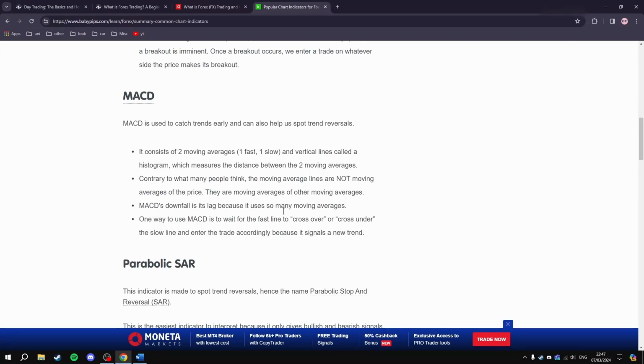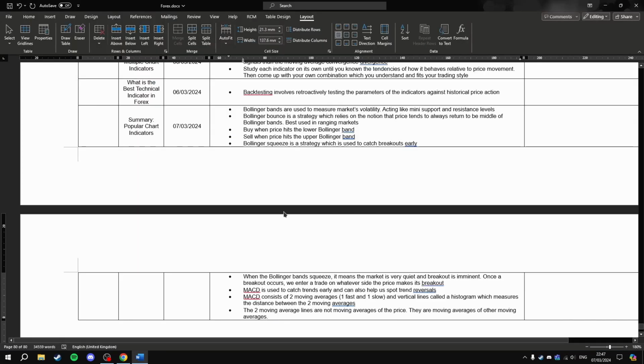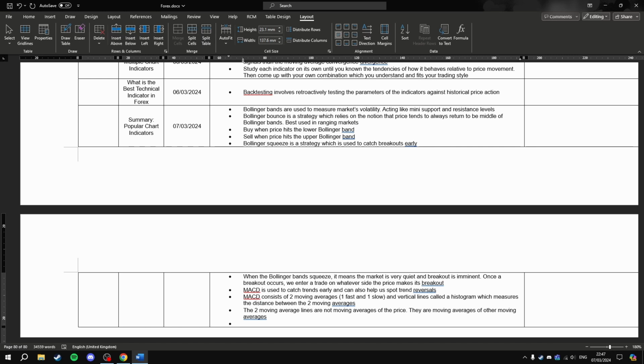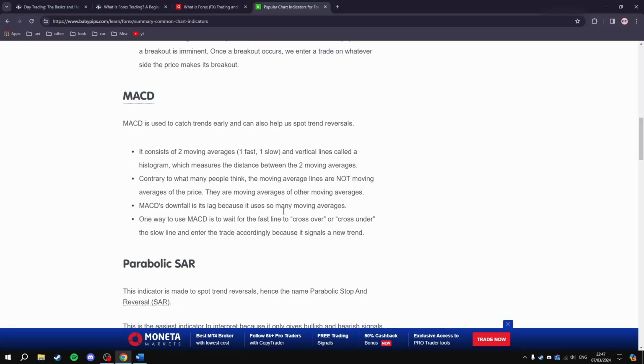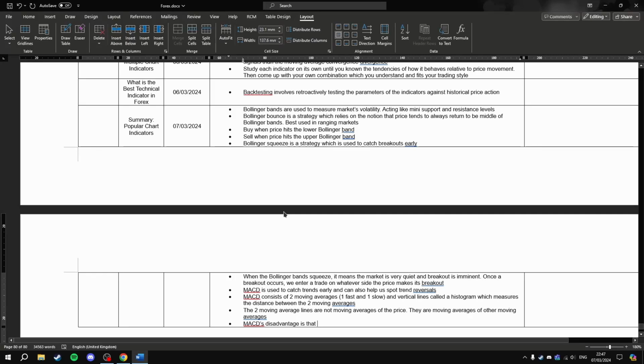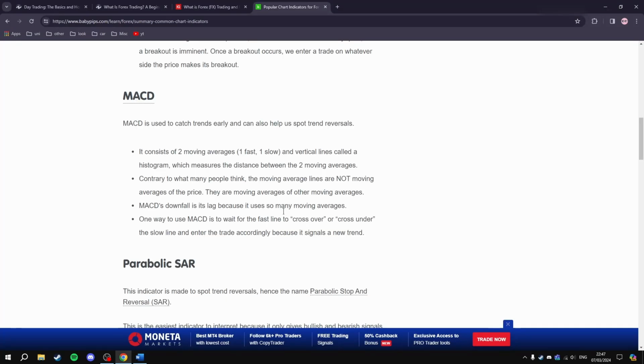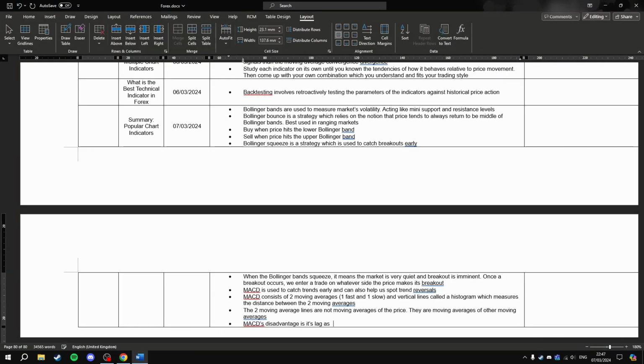MACD's disadvantage is its lag, as it uses so many moving averages.